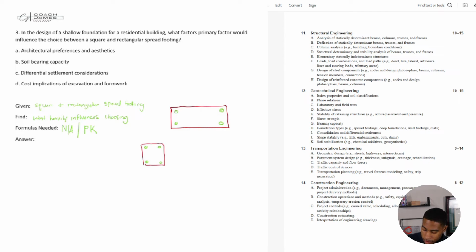Well, if the same load is applied for a square, it's a lot more balanced, versus you've got these forces coming down at those green locations.